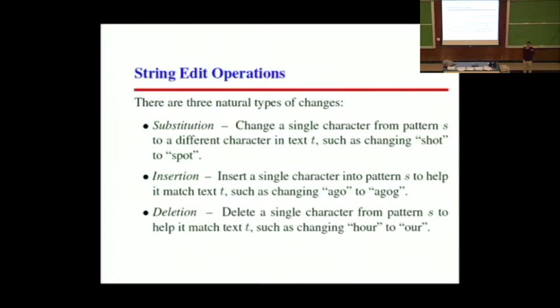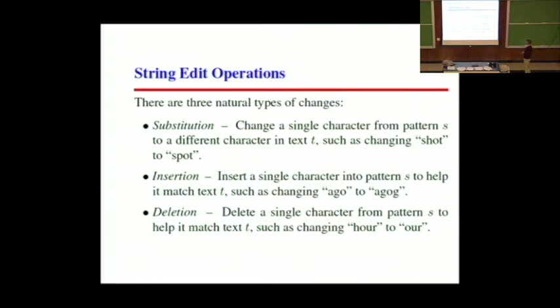Does everybody see that? And what if I want to make a change to pattern S to make it match hour? What change would I make to hour, the time, to hour, the possessive? What do I need to do? Yeah, you could say I could insert the H into T or delete the H from S. So insert and delete are sort of similar cases, but they're different because of what string we're doing them to.